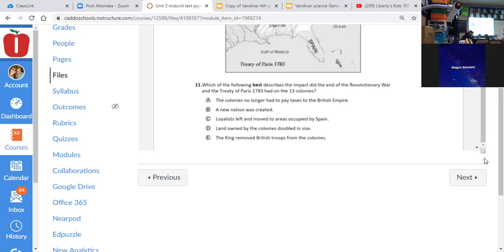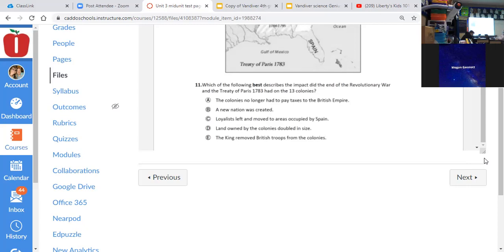The question says, which of the following best describes the impact that the end of the Revolutionary War and the Treaty of Paris of 1783 had on the 13 colonies? There's 2 answers. You got to get them both for it to be right. The colonies no longer had to pay taxes to the British Empire. A new nation was created.